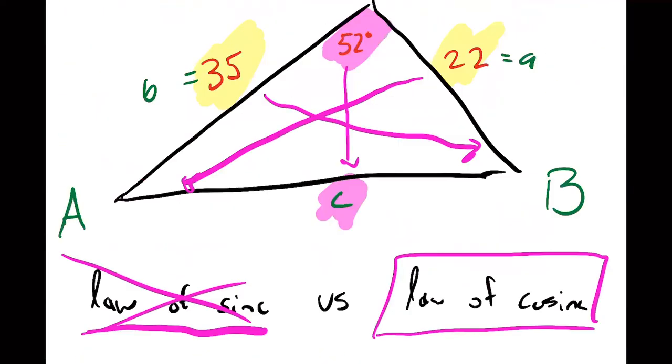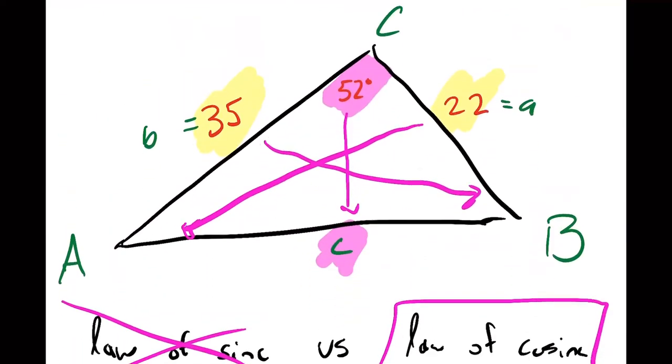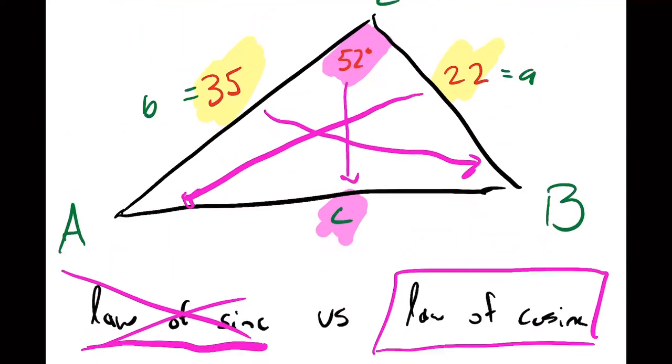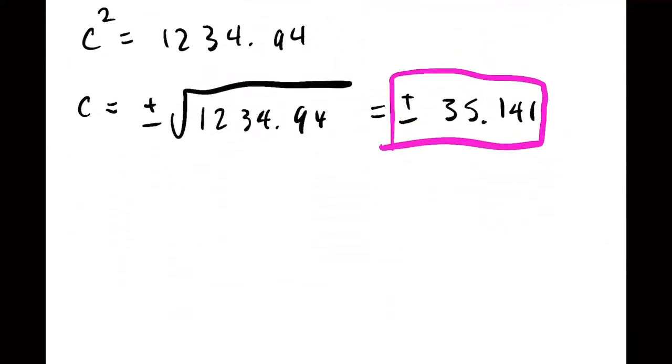So we're working with a triangle here, and this triangle is an abstract triangle. It's not anywhere. And so we don't have abstract triangles with negative sides or negative angles. So we don't even have to worry about plus or minus. We don't want the minus at all. And our solution is just going to be 35.141.